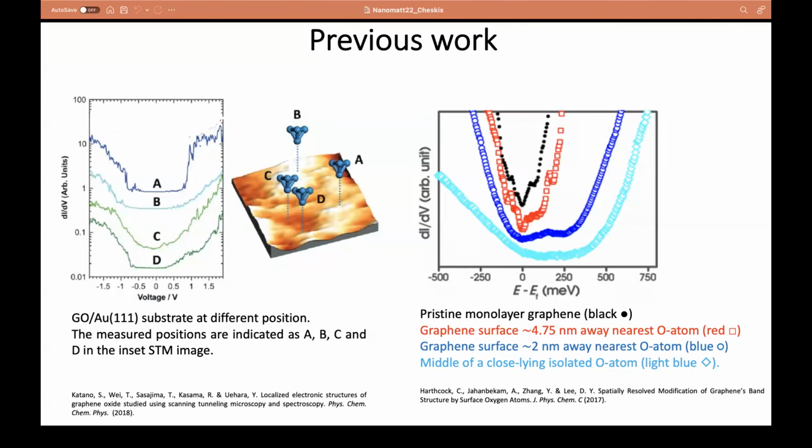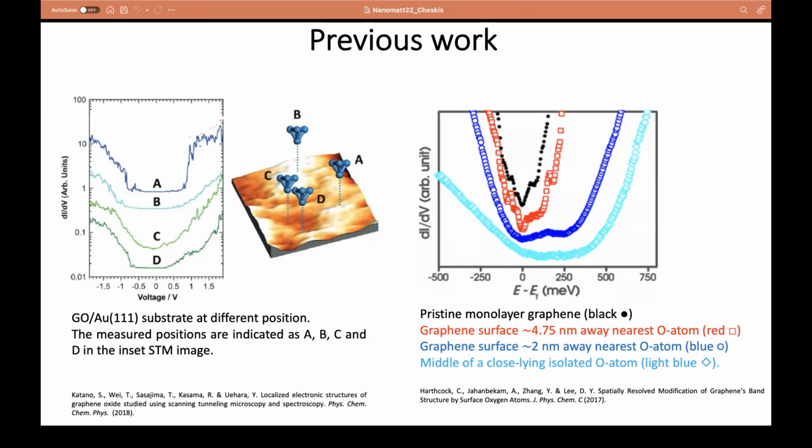And when performing scanning tunneling spectroscopy, they showed that it has a band gap, which shows that it's not graphene. It's more like a graphene oxide with a band gap.